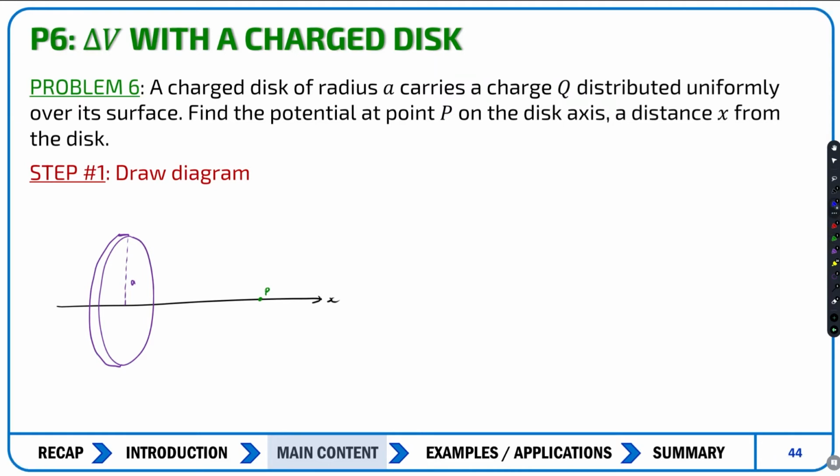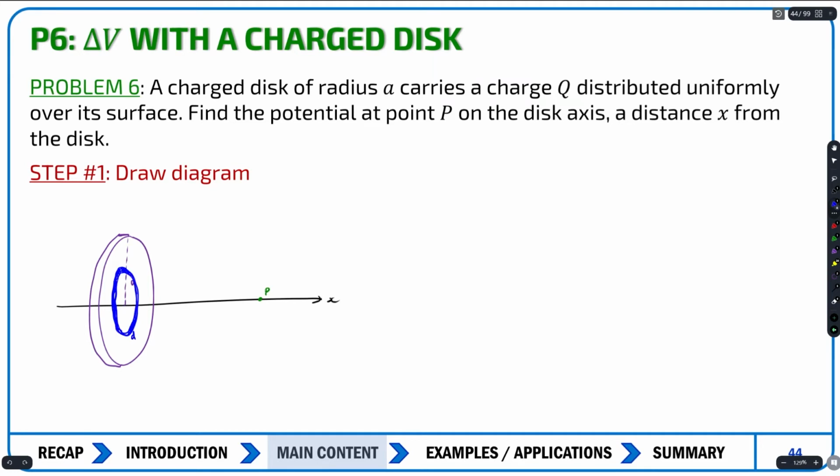It can either be something like this, where we have a small piece of charge, or I can make it easier, and because this is a symmetrical shape, might as well make a charged ring as dq.